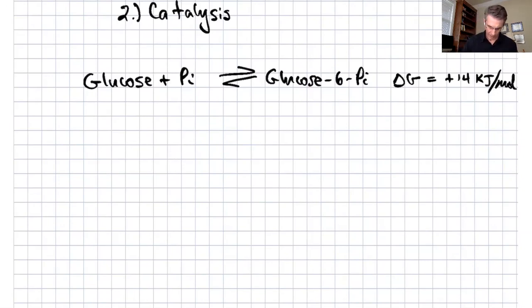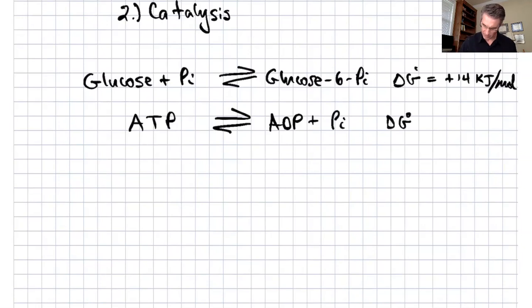And of course, we solved that, if you recall, by coupling it to a favorable reaction, which is the hydrolysis of ATP to ADP and inorganic phosphate, which has a standard state free energy change in the range of minus 31 kilojoules per mole, right?